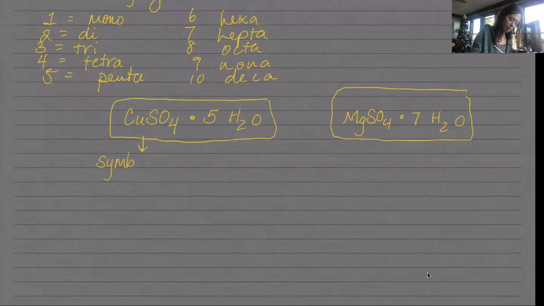You have the compound formula, actually. You then literally just put a dot. It doesn't mean multiply, it's just a dot. And then you will have a number, and then you will have H2O, right? That's your generic formula.